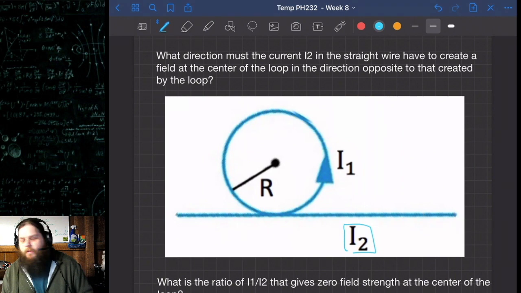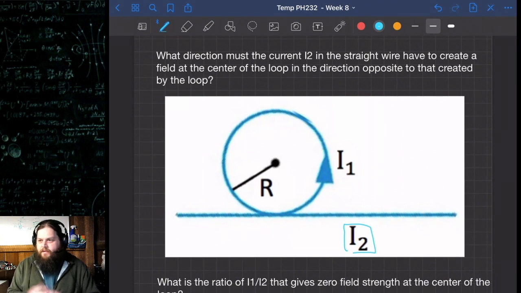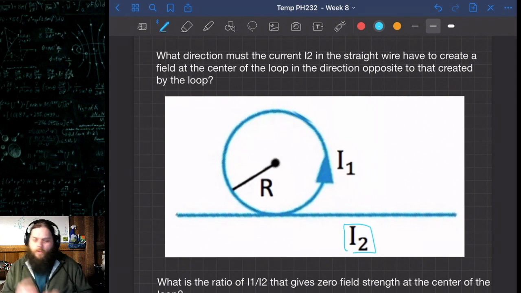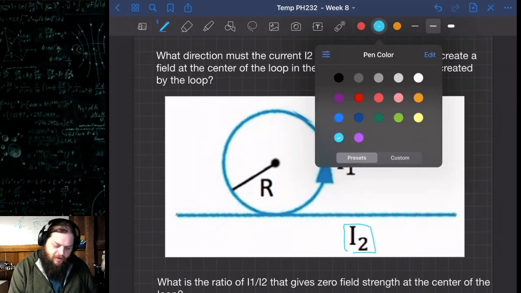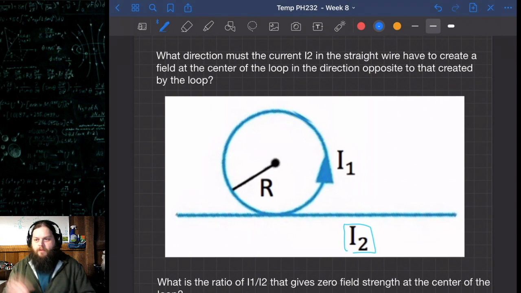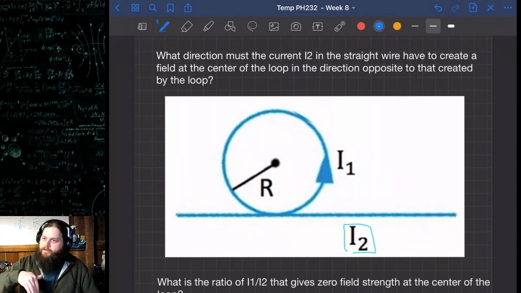So here we want to counteract the magnetic field at the center of that loop with the current and the magnetic field generated by the current of I2.